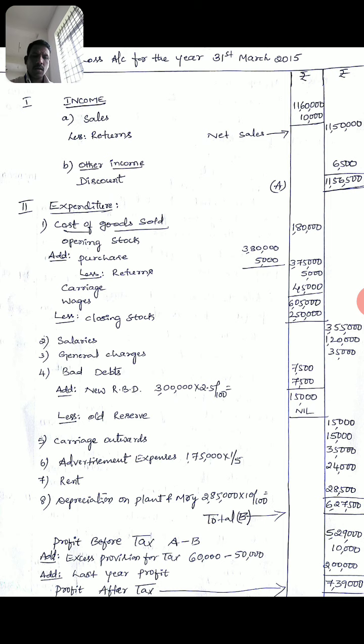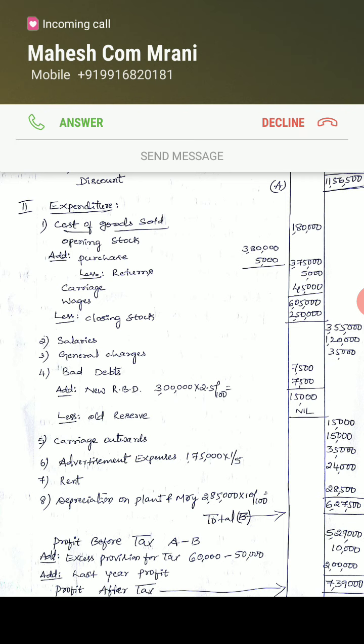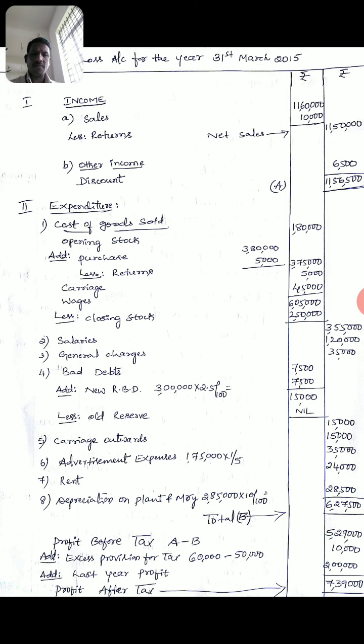So you have to make a reserve for bad debts at 2.5% on debtors, which is given in the problem. The debtors of rupees 3 lakh into 2.5% will be the provision, which comes to rupees 7,500. So bad debts 7,500 plus new RBD 7,500, total 15,000. In this problem they have not given any old reserve, so the total bad debts is rupees 15,000.